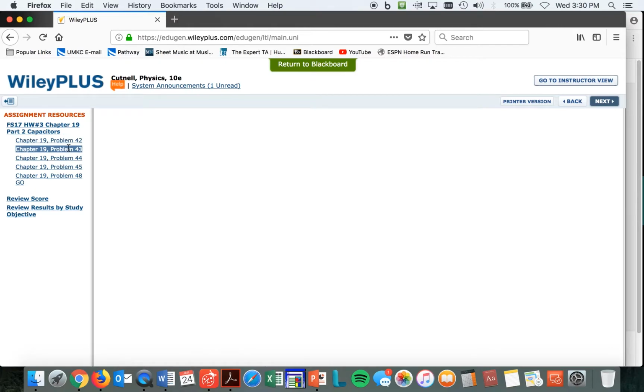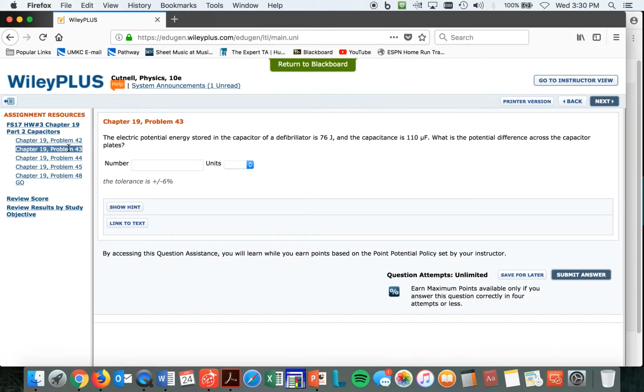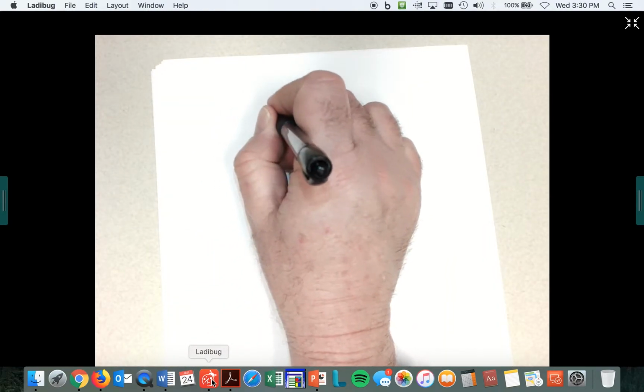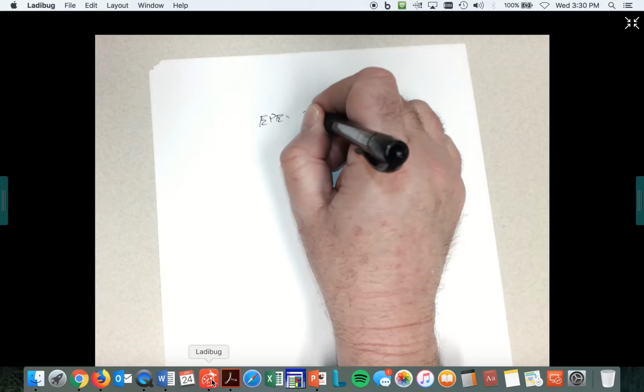What about 43? The electric potential energy stored in the capacitor of a defibrillator is 76 joules. Oh, this is kind of a nice one. What is the potential difference across the capacitor? Well, what would be the best way to approach this? 110 microfarads. Okay, so you know that the electric potential energy stored in there is 76 joules.